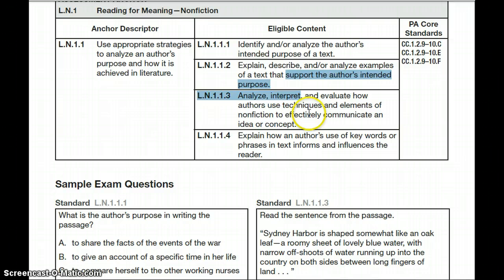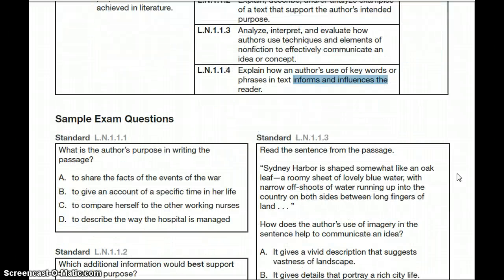We still need to be able to analyze, interpret, and evaluate how authors use techniques and elements of nonfiction to effectively communicate an idea or a concept, and explain how an author's use of keywords or phrases in a text informs or influences the reader. So some of these are going to be a little bit different here in nonfiction than what you saw in Module 1. So what does this look like in terms of sample questions that you might see that go along with author's purpose in nonfiction?